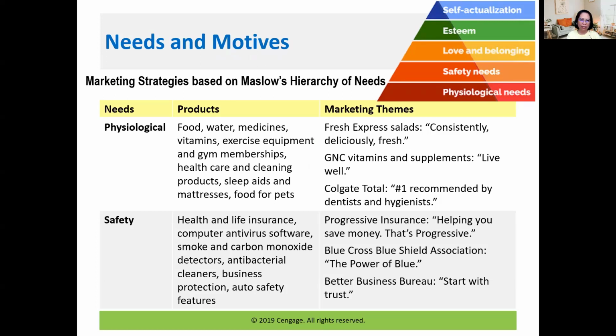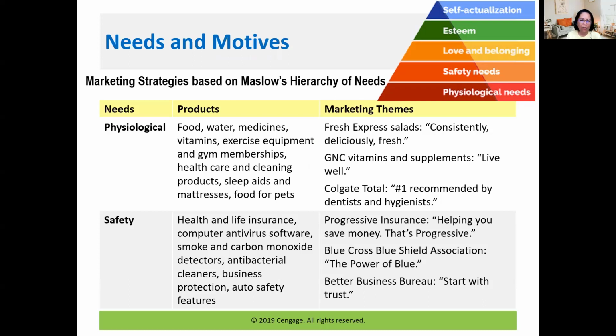Next level is the safety needs level. These include health and life insurance, computer antivirus, because it is still considered a safety concern, smoke and carbon monoxide detectors, antibacterial cleaners, business protection, or auto safety features.